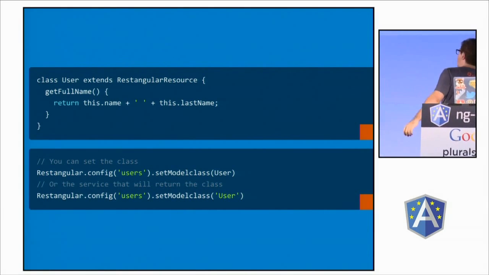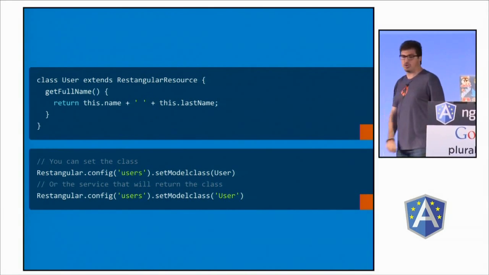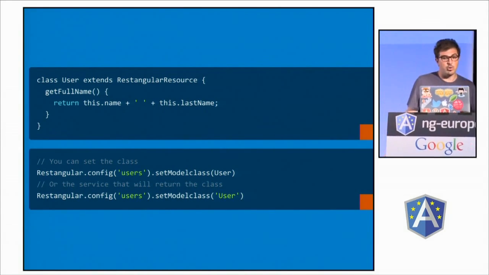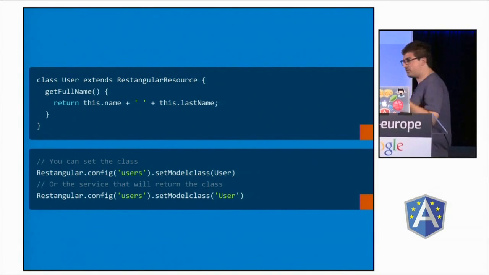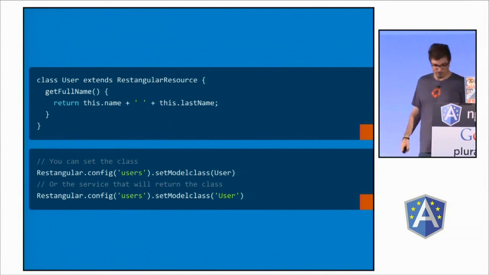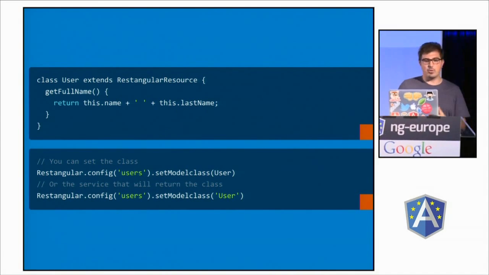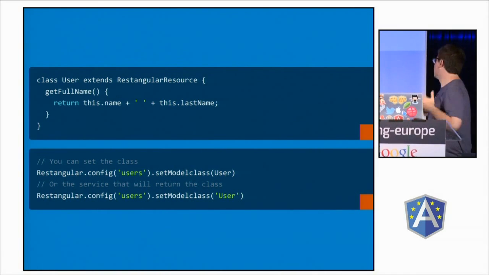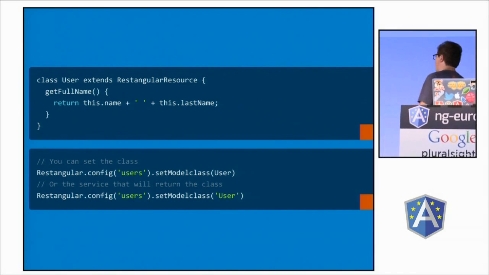Then in your Restangular config, you say, okay, the configuration for the users path is actually going to have this model class. And that model class is going to be this User that I'm just showing right now. So the idea with this is to finally start having classes and prototypes.